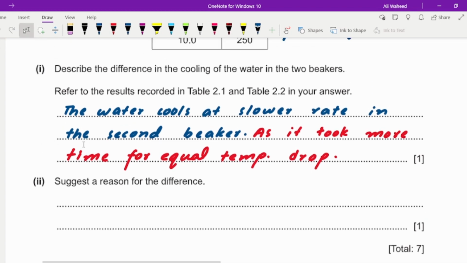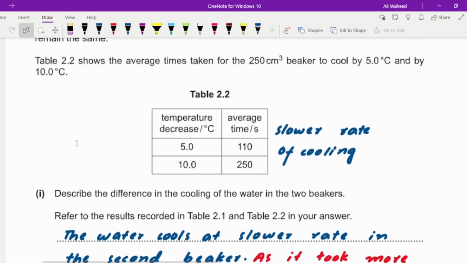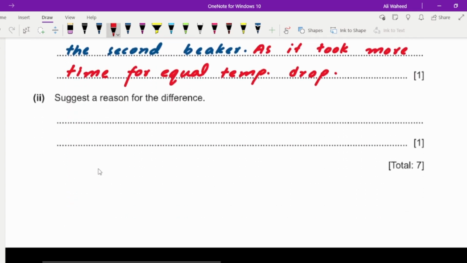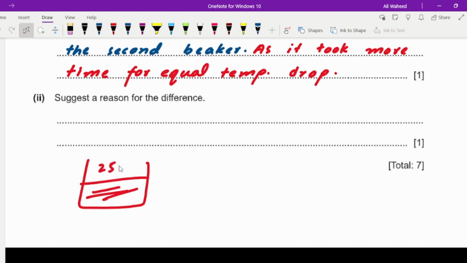And why is that? We have the same amount of water, and we are measuring it for the same drop of temperature. Why is the time different for the two containers? The answer is, let's say this is your container 1. You have 250 cubic centimeter of water in it. Then you might have another container that is like this.